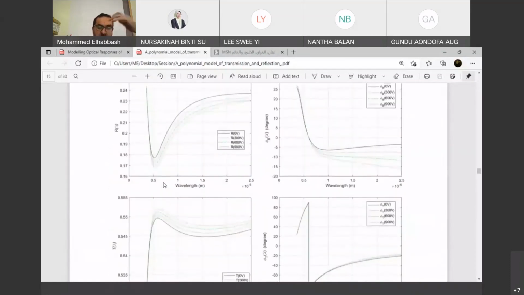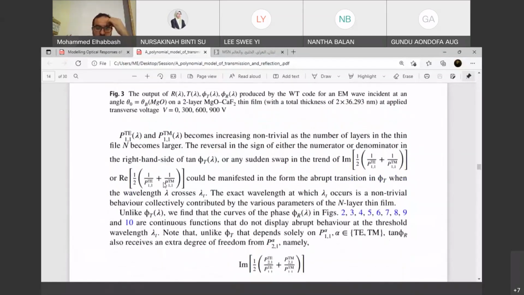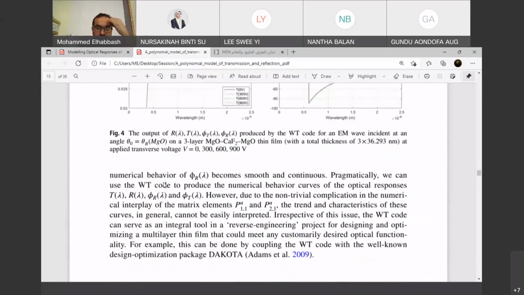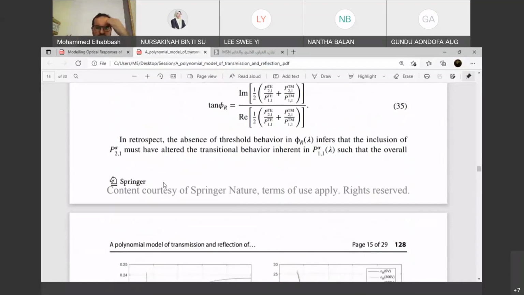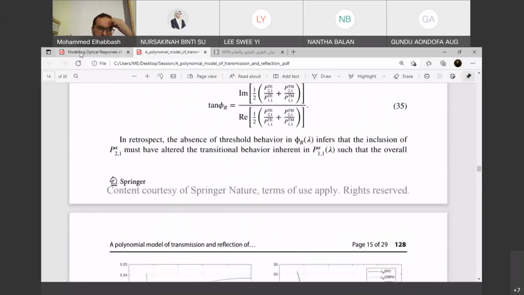Maybe the appendix has more equations than the main paper, because the base has more equations and things like this.